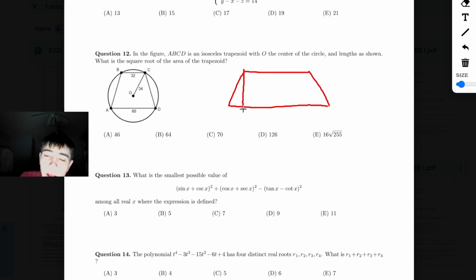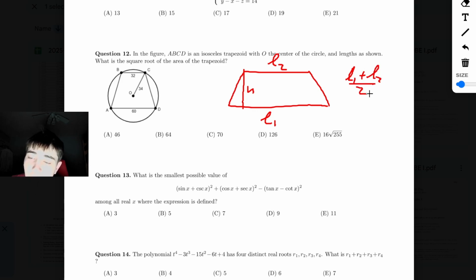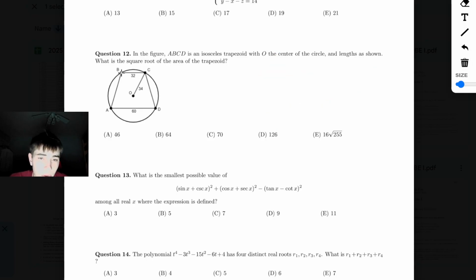If you have a height, which is the distance between the two parallel sides, and then you have the lengths of the sides, L1 and L2, well, you average them together, L1 plus L2, and then you divide by 2 to average them, and then you multiply by the height. That's how you find the area of a trapezoid. And so we already have the two lengths of the parallel sides, so we'll just have to average those and then multiply by the height of the trapezoid, which we don't know.